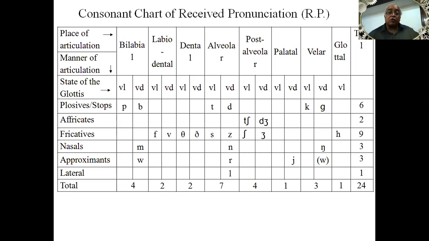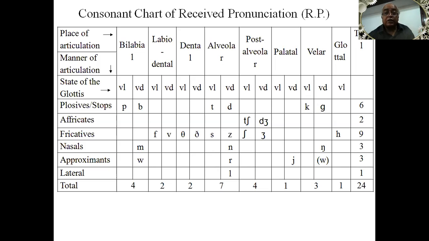Then we have one more sound, D. D is a voiced sound because the vocal cords are held loosely together, and when the air passes through, there's a lot of vibration. So the first criterion, the state of the glottis, is voiced.